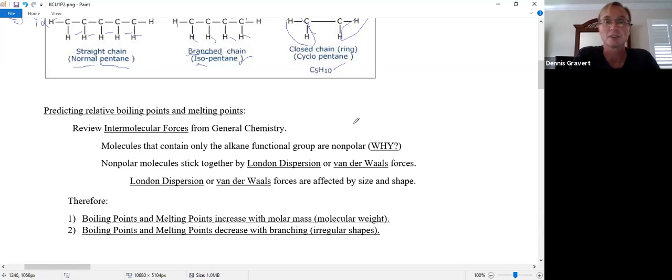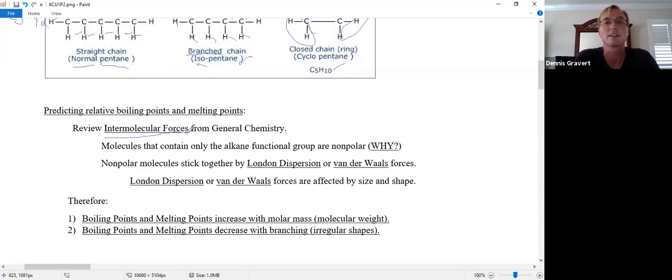So what do you need to know for the MCAT? What do you need to know for my test? You need to know the trend. And it begins by reviewing your intermolecular forces, right? So there's hydrogen bonding, dipole, and van der Waals or London dispersion forces. And it depends on the type of molecule as to which intermolecular force dominates, right?